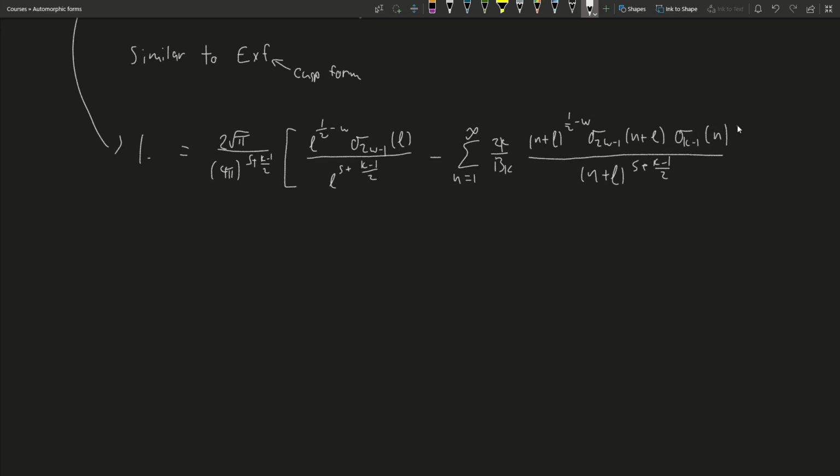And then it is this quantity times, and you have some gamma functions.